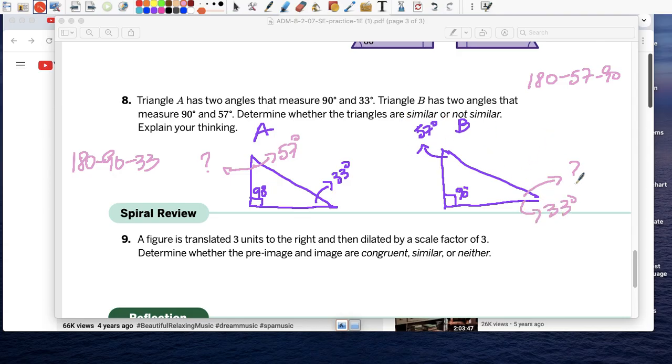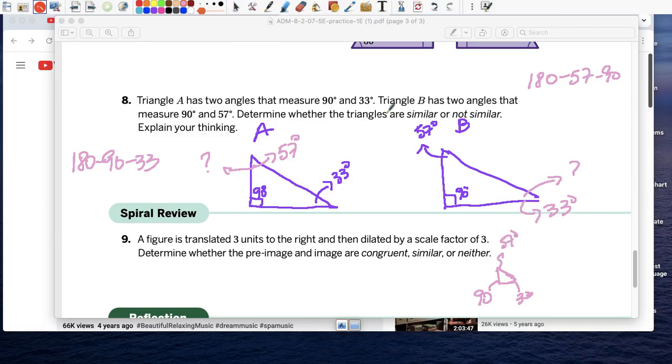So are they similar? Well, now that we know all three angles are congruent, are these two similar? Yes, they are. I don't know what the length of the sides are, but those three angles are the same. It could have been even this little triangle right here, where that's 90, this is 33, and this is 57.